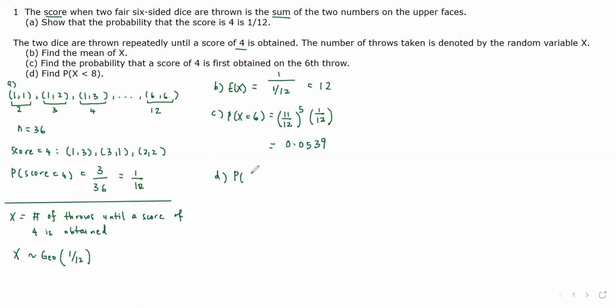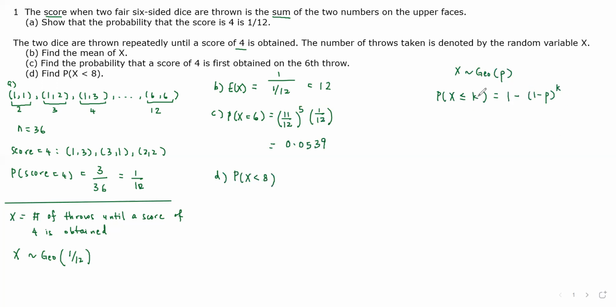Part D, to find the probability that x is less than 8. Since x follows a geometric distribution with probability of success p, then the probability x less than or equal to k is given by 1 minus (1 minus p) to the k.